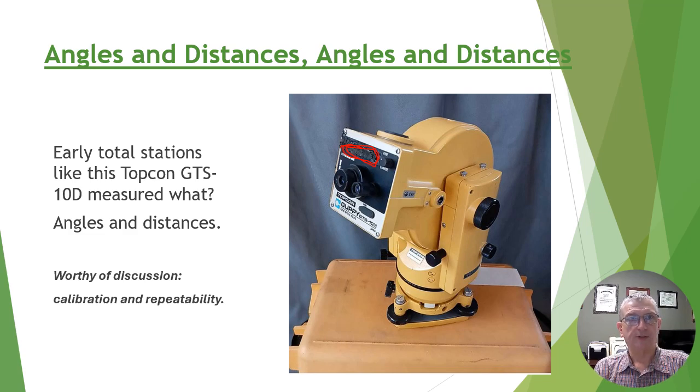Surveyors that wanted to embrace and start using EDMs needed to know that they were accurate, that they were calibrated. They would go out on a line that they had measured with a steel tape, and they would measure it with an EDM. And they might make some adjustments.